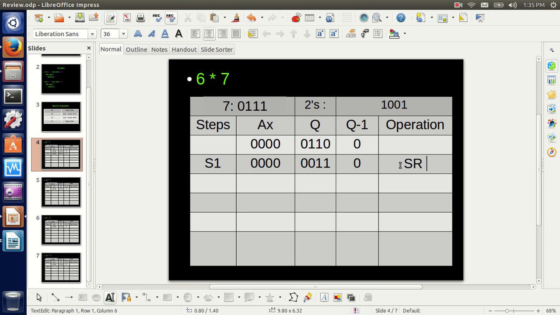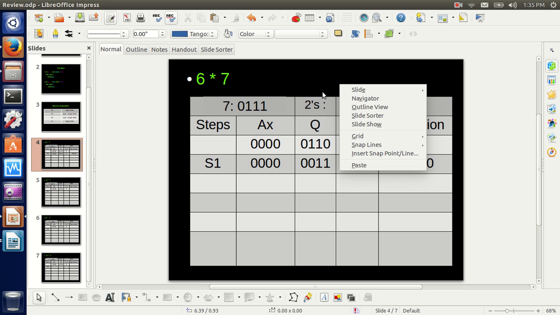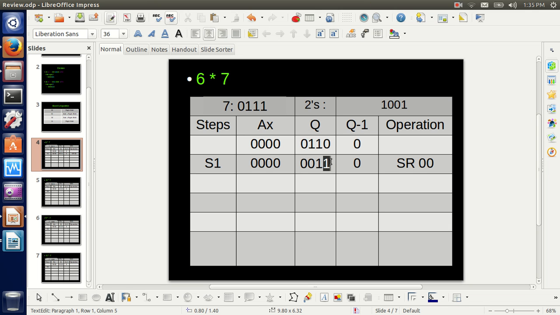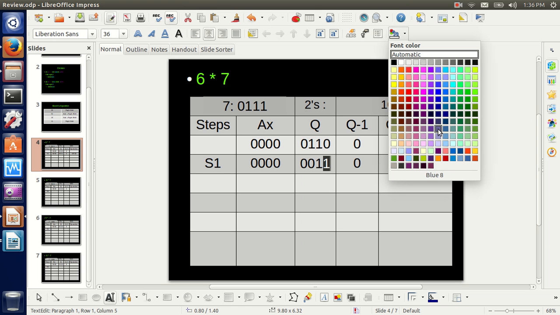And let's put those here, 0, 0, because of those two. Now I look at this. What do I have? Let's make it a different color.